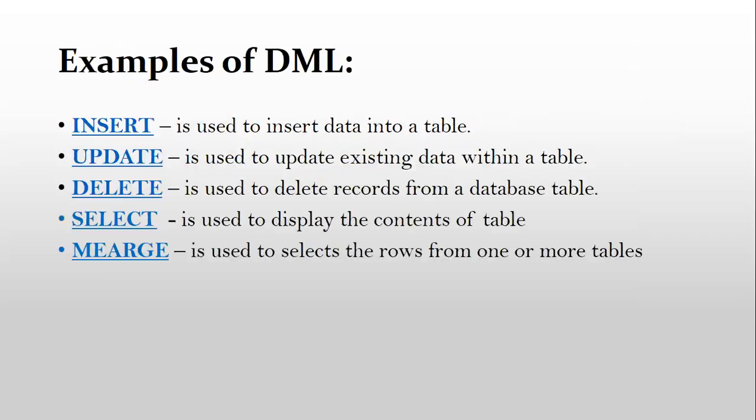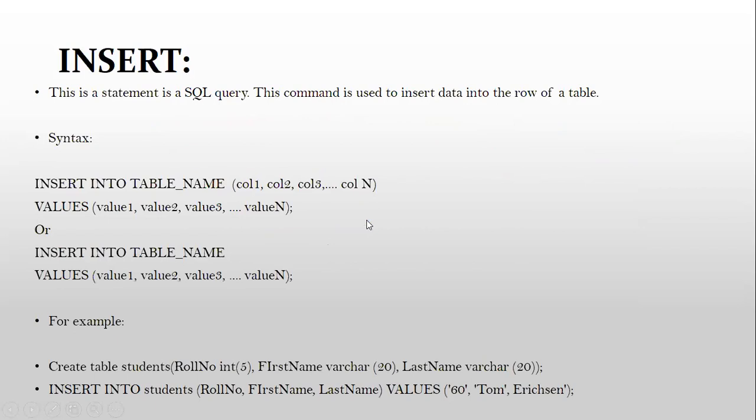Now these are the different examples of the DML commands. First one is insert. It is used to insert data into the table. Then update. This is for updating the data which is available in the table. Then select. Select is used to display the contents of the table.